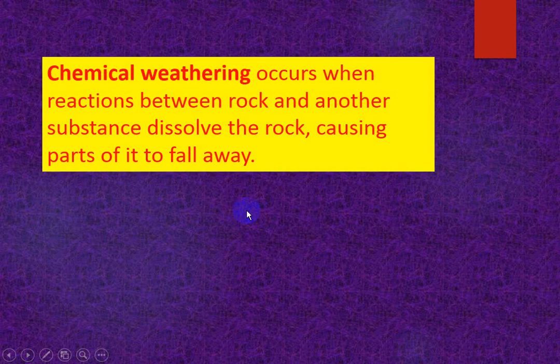And chemical weathering occurs when a reaction between rock and another substance dissolves the rock, causing parts of it to fall away.